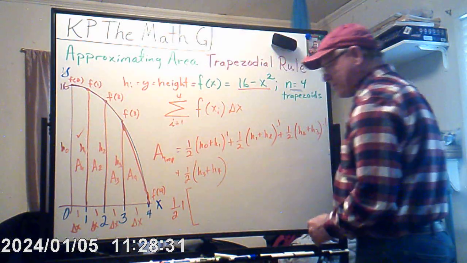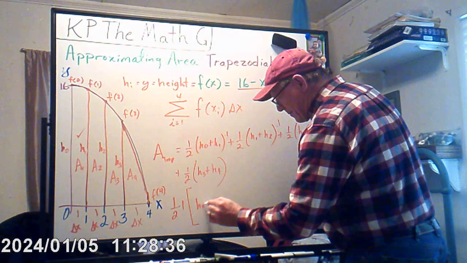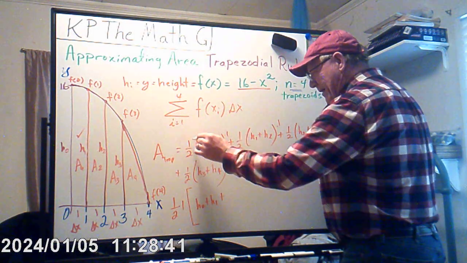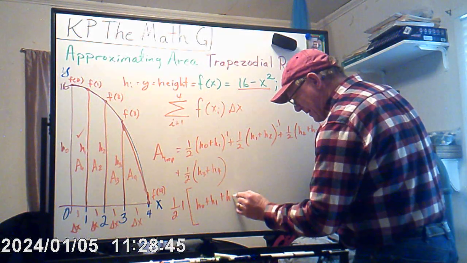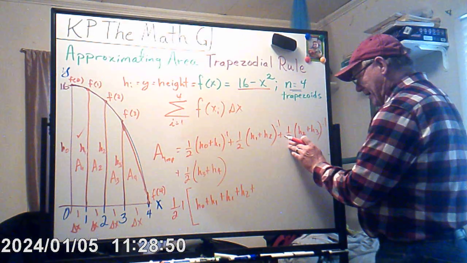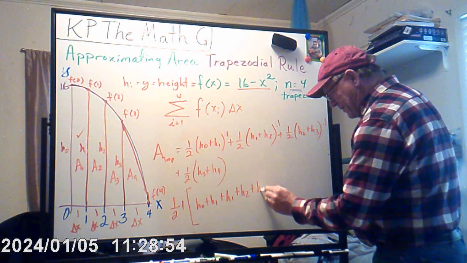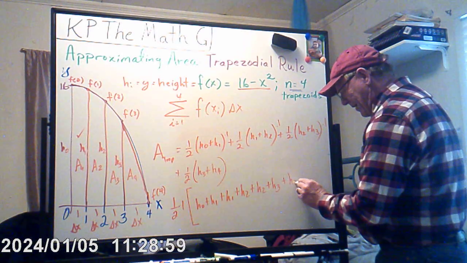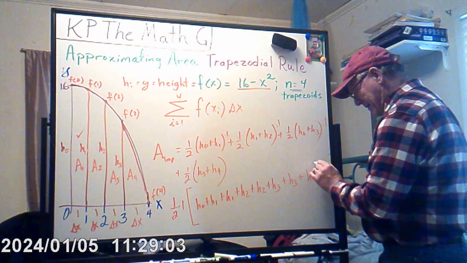So that's going to be h0 plus h1 plus, already taken out a 1/2, h1 plus h2 plus, taking out a 1/2 here, h2 plus h3 plus h3 plus h4.